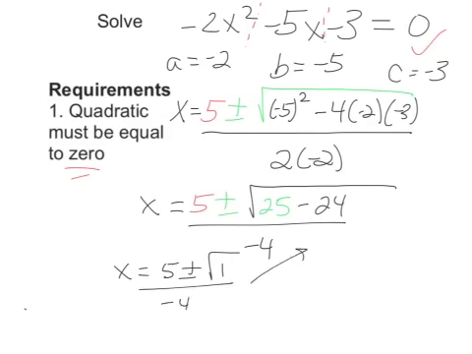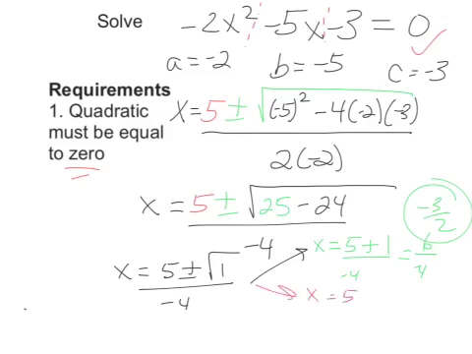So to write that as two answers, x would equal 5 plus 1 over negative 4, in which case we get 6 over negative 4, which is negative 3/2. Or our other answer could have been x was equal to 5 minus 1 over negative 4, which would equal 4 over negative 4, which just equals negative 1.